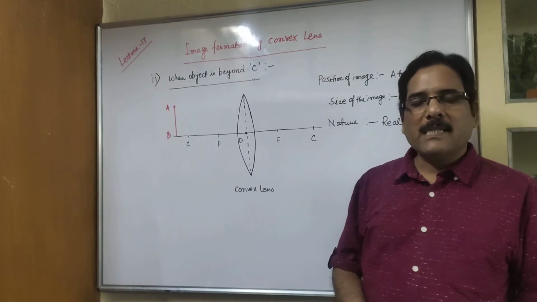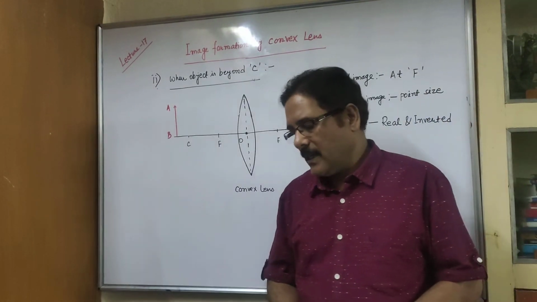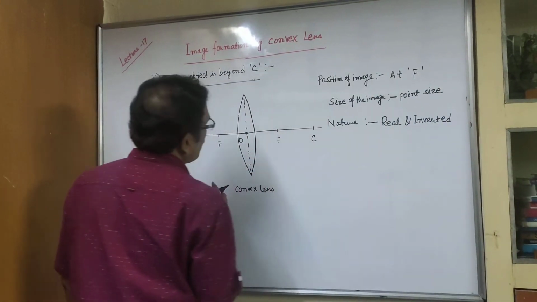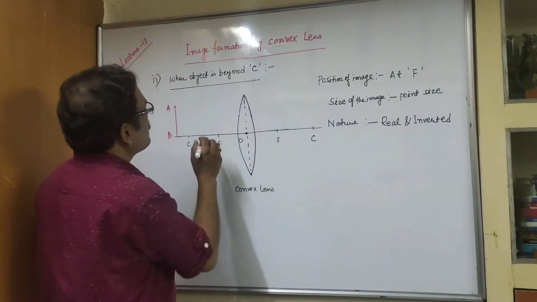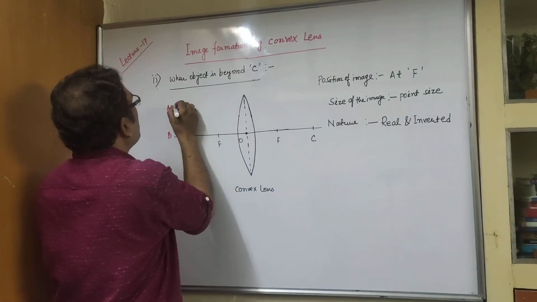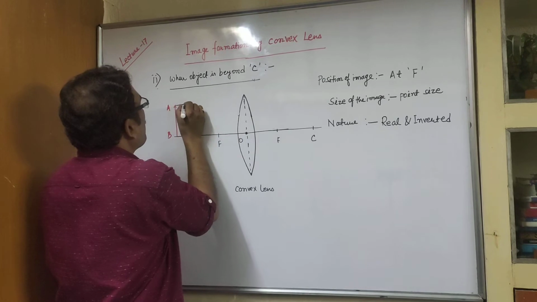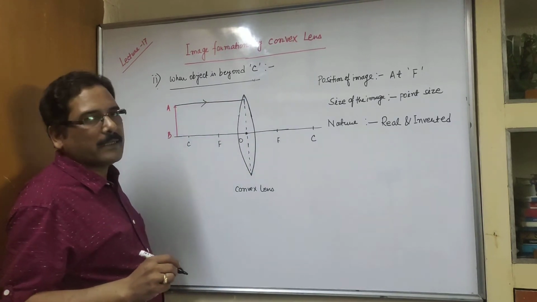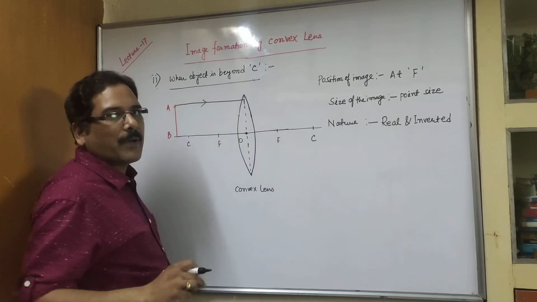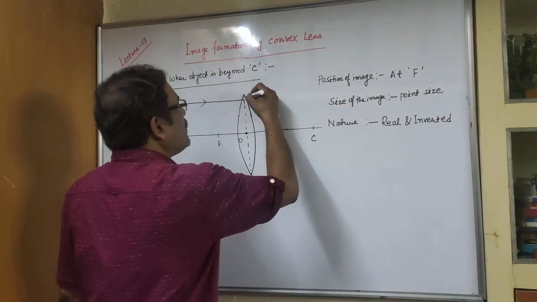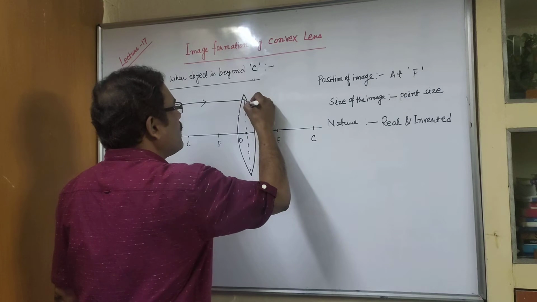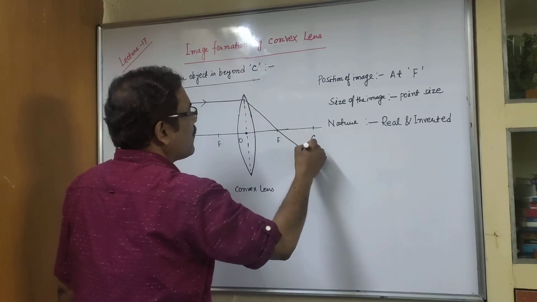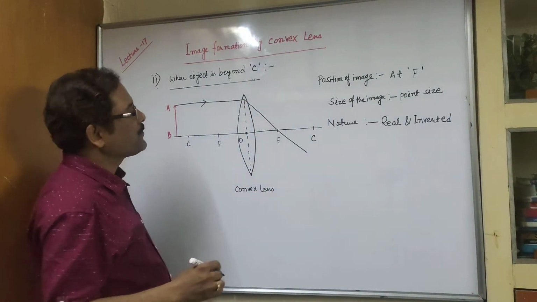Now we always take two light rays from the object. Always from the head of the object you have to take two light rays. One light ray is always parallel to principal axis. So suppose this is the first light ray which is parallel to principal axis. And according to rule, this ray will pass through focus.